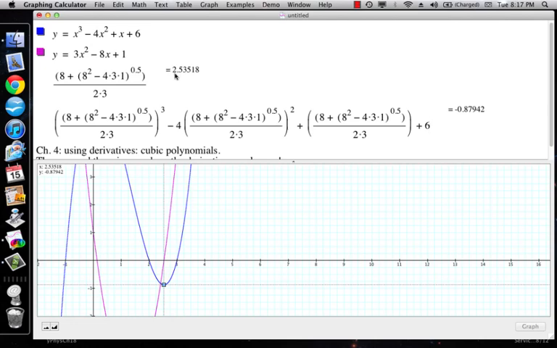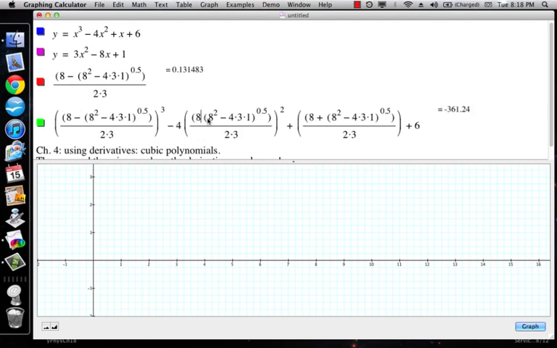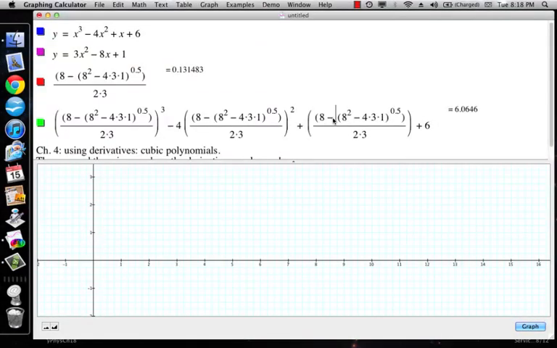So right there is one of my x coordinates of the max or min, and there's a y coordinate of a max or min. If I want to find the other one, all I got to do is change that to a minus, change that to a minus, change that to a minus, and change that to a minus.